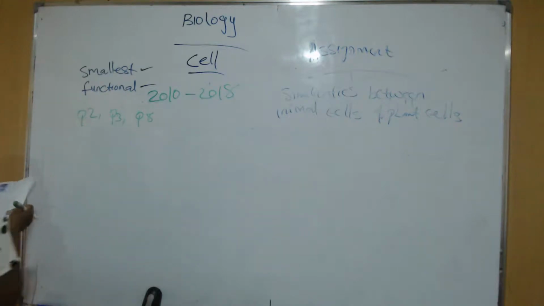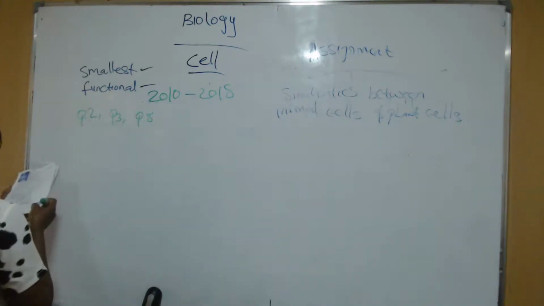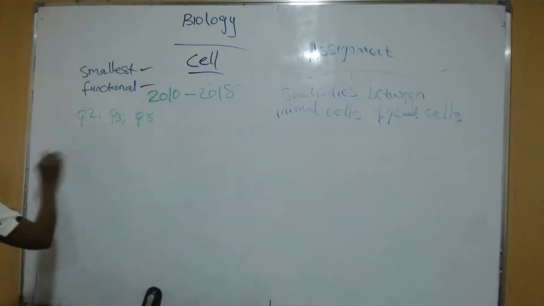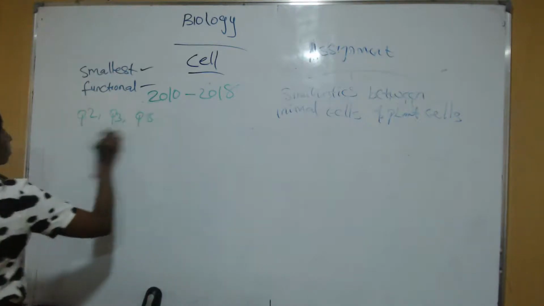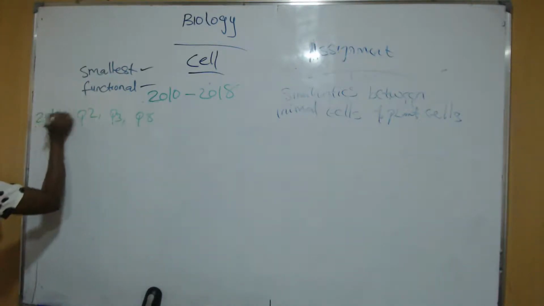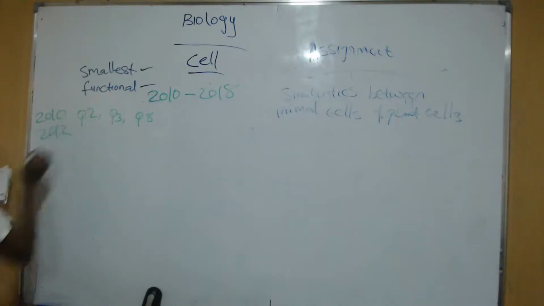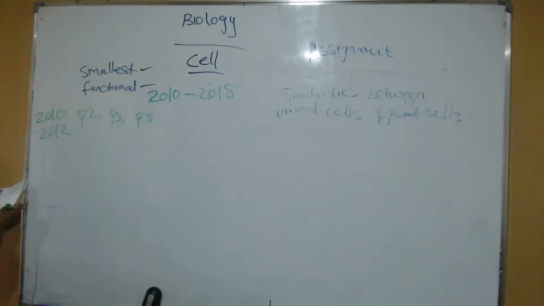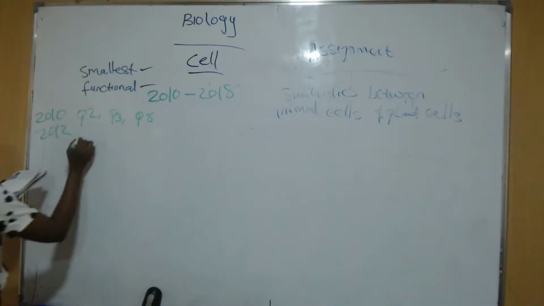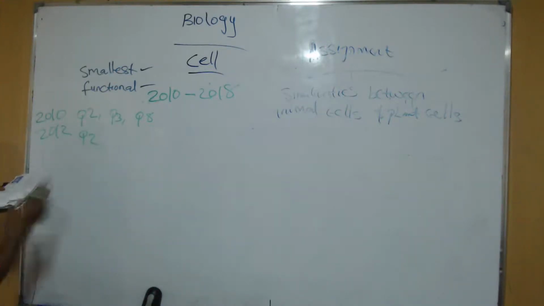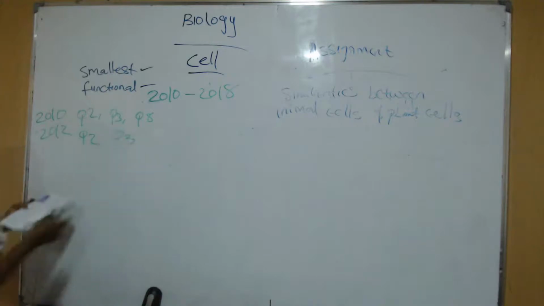In the year 2012, we have questions bordering on the cell on question 2 and question 3.